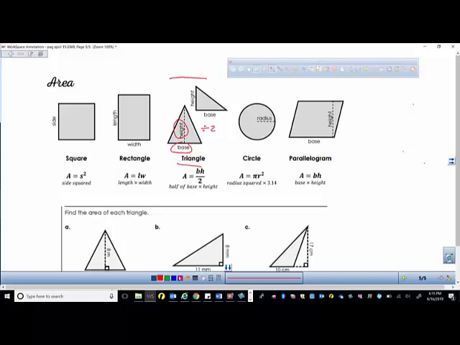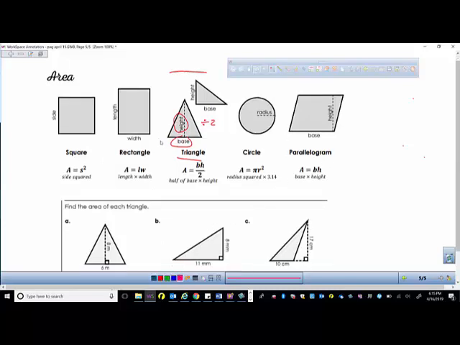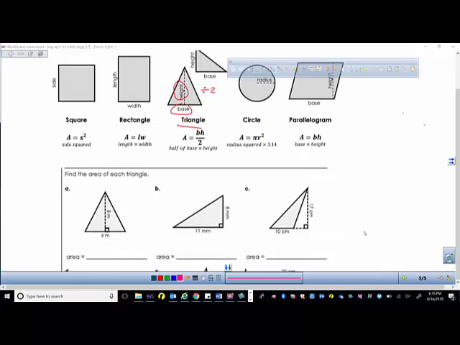Okay, so let's look at the examples down here. Our first one, our horizontal is 6. We call that the base. So we have 6. Our vertical, which is called the height, is 8. So we're going to multiply 6 times 8.